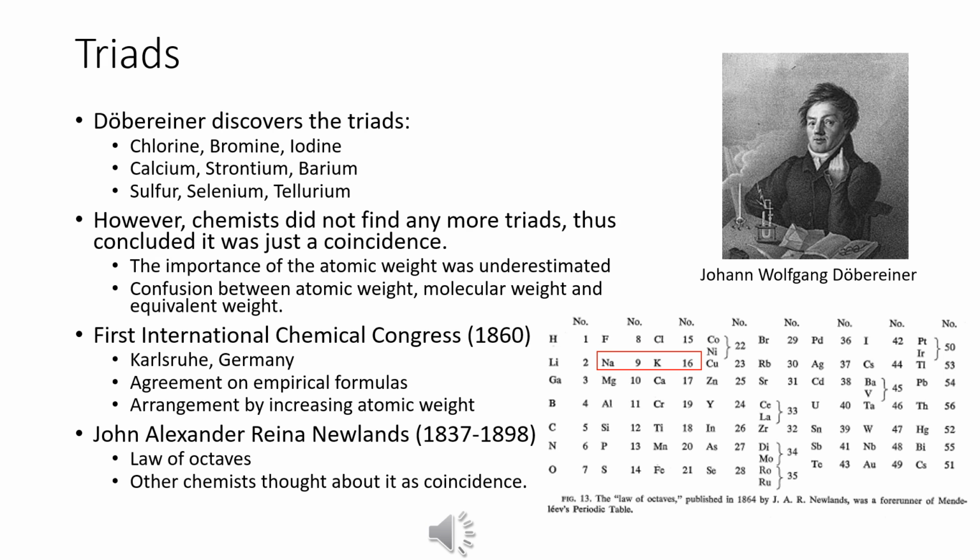So some of the elements known to have similar chemistry by the chemists of the 19th century could be seen in similar rows in this table by Newlands.